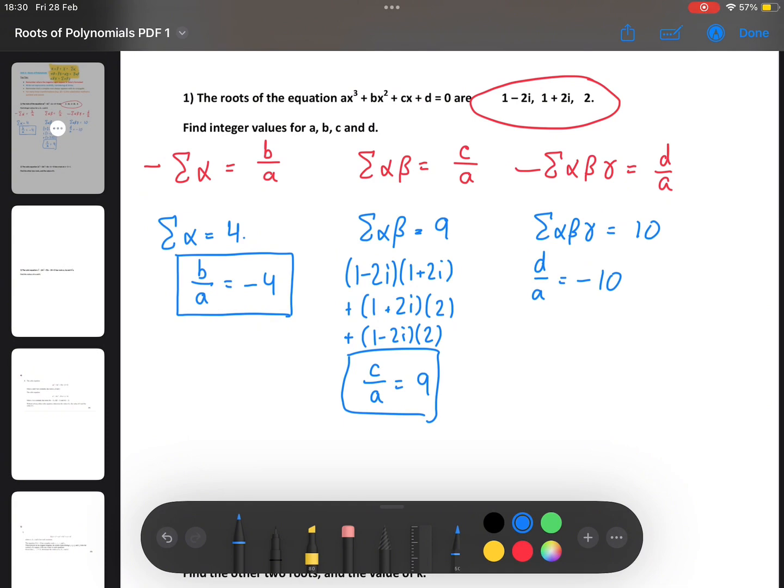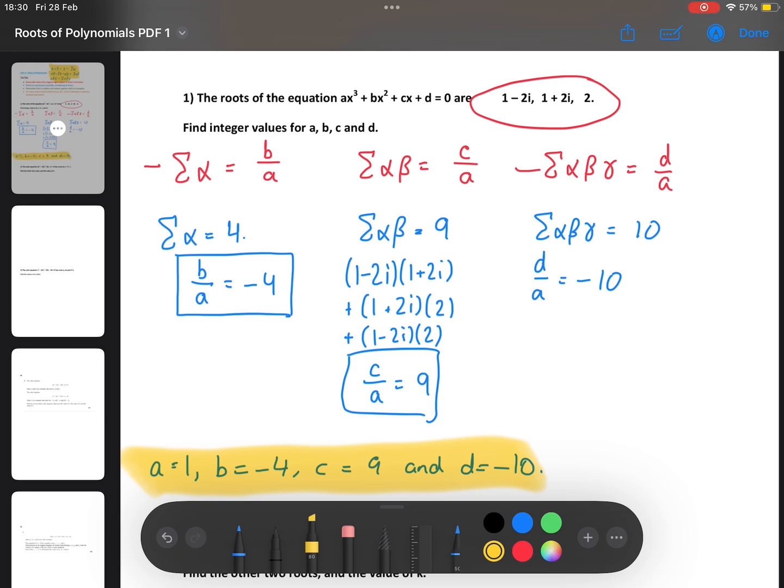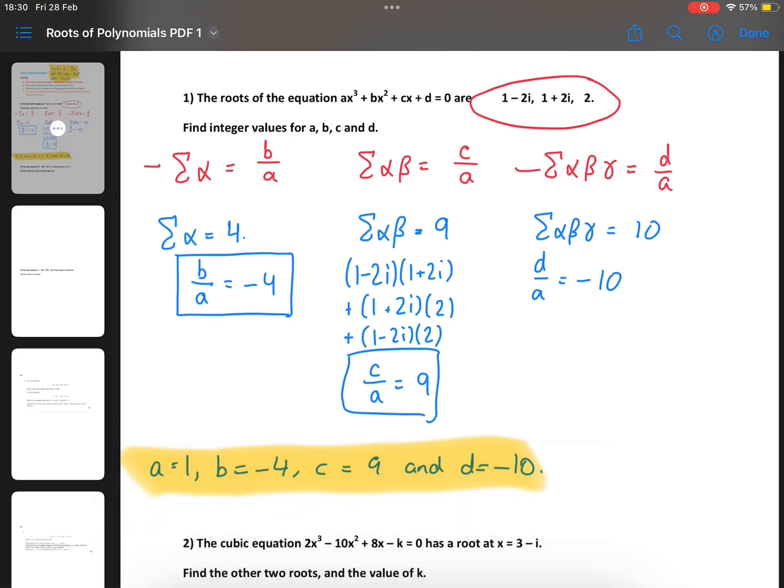So given those, and we need to find integer values for a, b, c, and d, we can say a is 1, b is minus 4, c is 9, and d is minus 10. And that's the answer to the first question. I've just said let a equal 1, because we know what b over a, c over a, and d over a are. But of course, any multiple of this equation would also work.